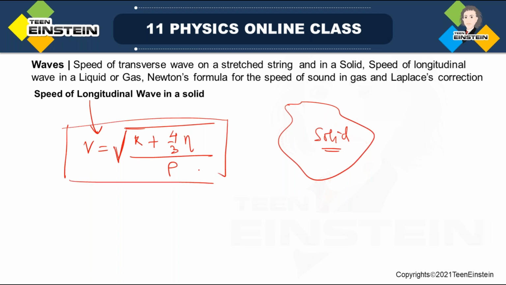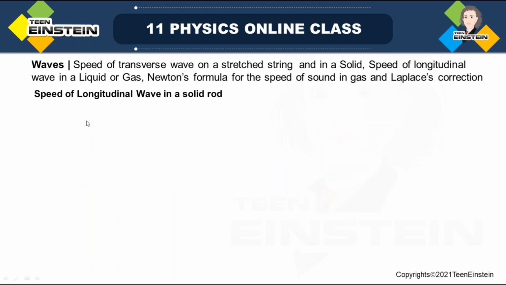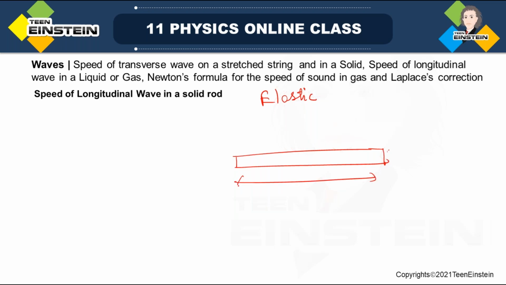But if we have to find out the speed of a longitudinal wave in a solid rod, in that case the elastic part will be taken care of. A rod means what? It has expansion or compression in the lateral direction, or in other words, the change in the lateral dimension will be negligible compared to the longitudinal change, okay.